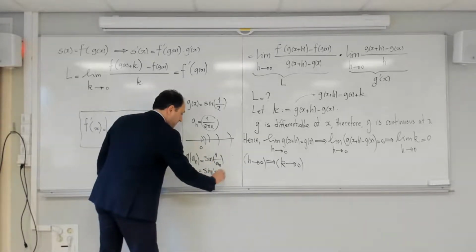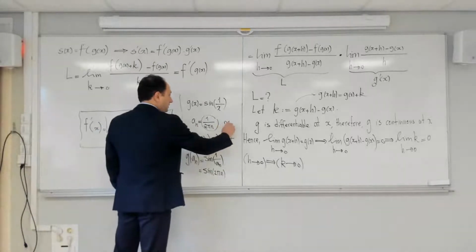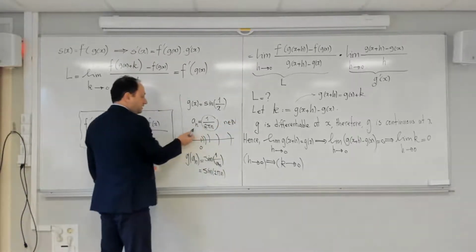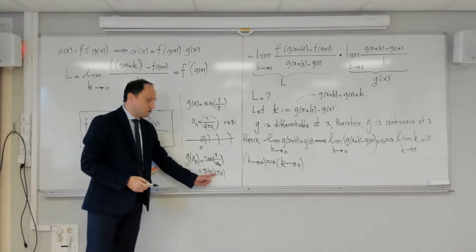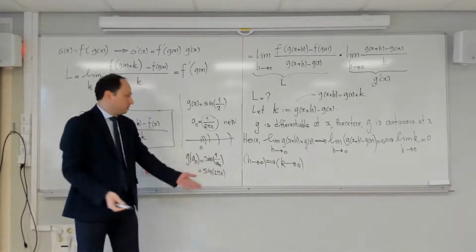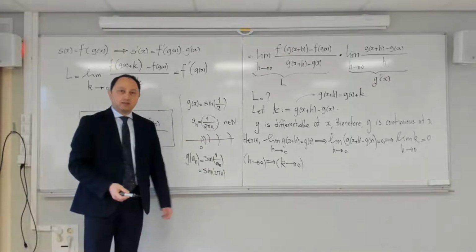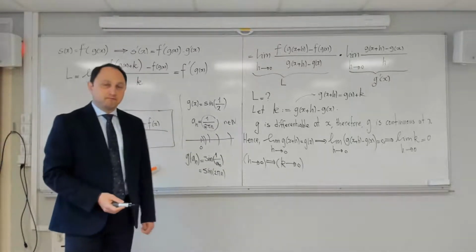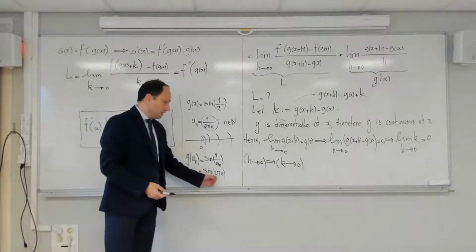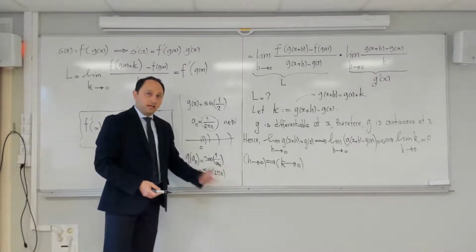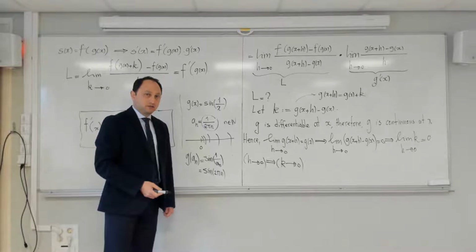But tell me, n is an integer, a natural number. When I say the sequence, it means that this number is an integer. But what is the value of sine 2 pi n for any possible choices of n from the set of natural numbers? Where is 2 pi n on the unit circle?